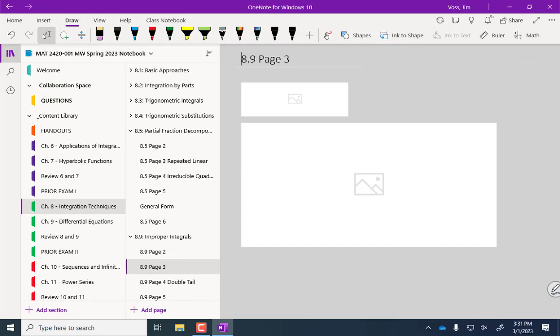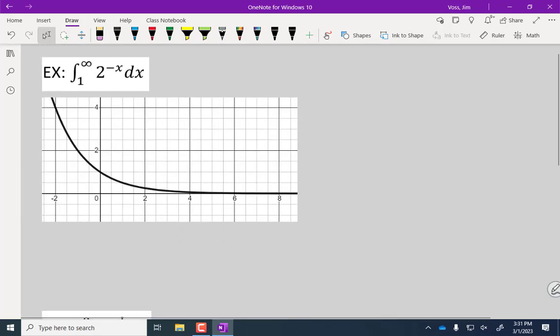All right, so here is another function. This is an exponential function. It's exponential decay. And if we look at the Desmos graph, it certainly looks like it's approaching the x-axis really fast.